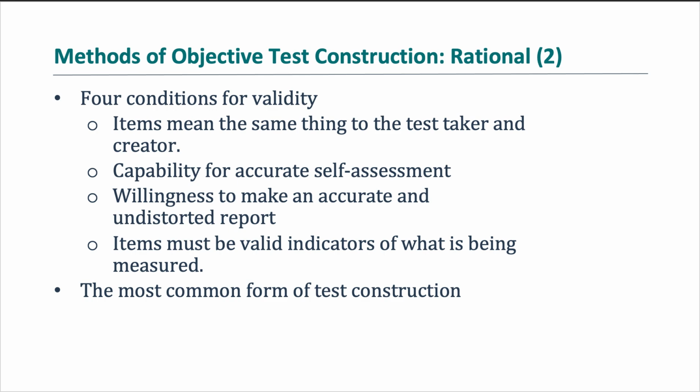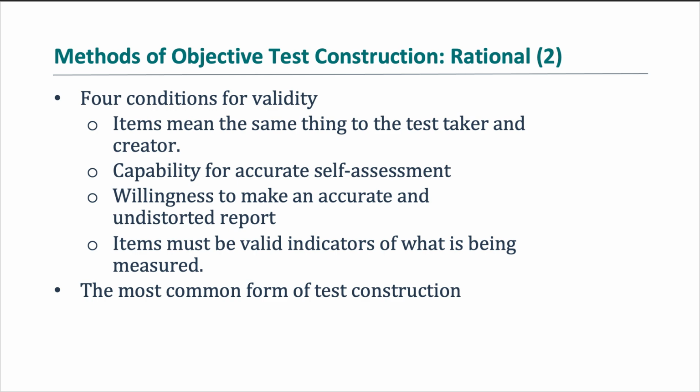Basically meaning that when we're looking at something, it needs to be what we're actually testing, right? If we're testing, let's say, creativity, then all the measures on there should be measuring what creativity is, and not things that might be associated with creativity but aren't.